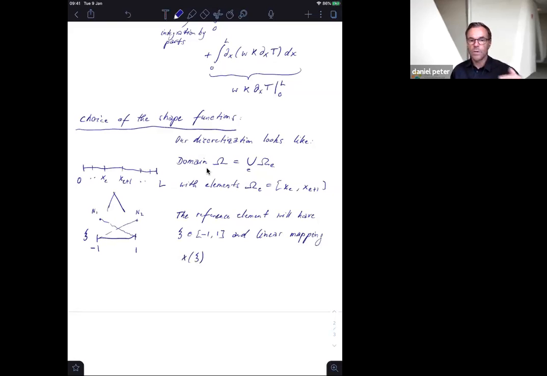If we go back from the reference to the physical domain, x of xi will be using these linear shape functions NA. So we have NA of xi times xa, which is, for example, N1 of xi times x1 plus N2 of xi times x2, for the first element.